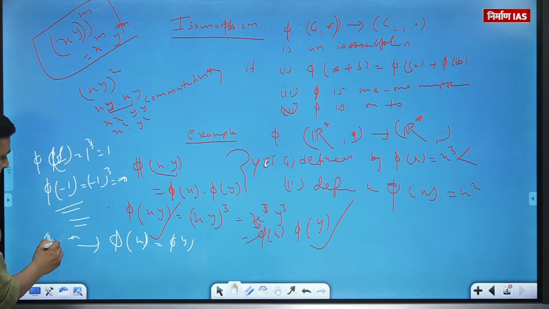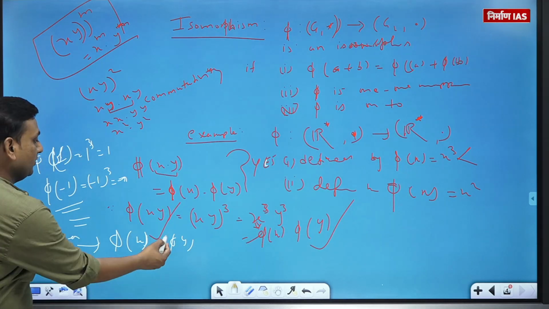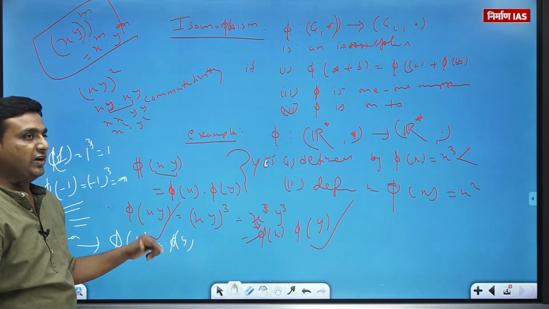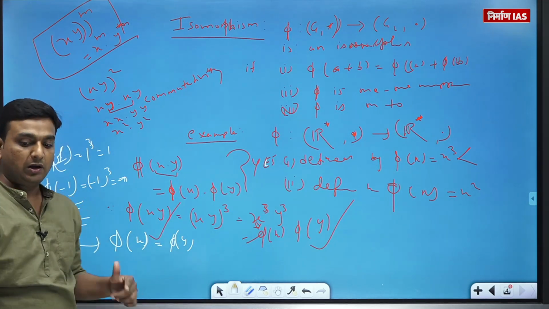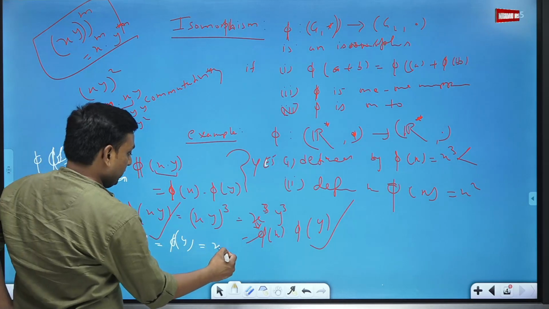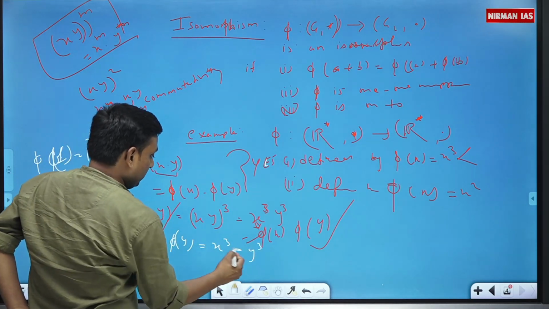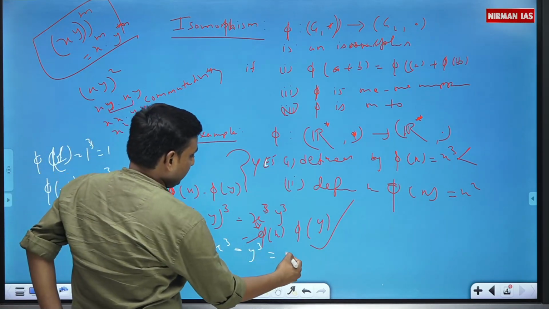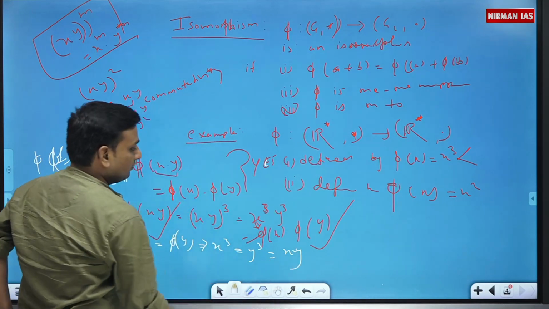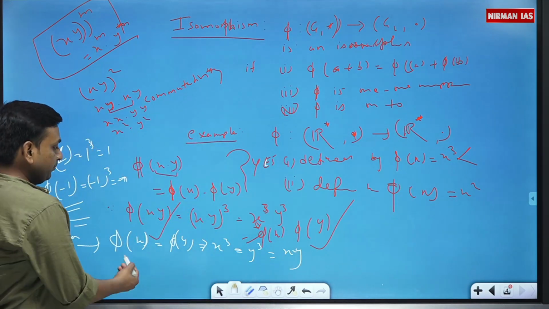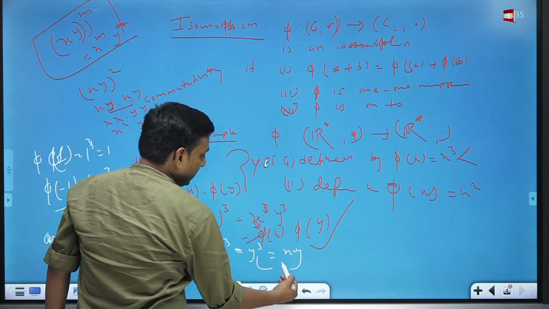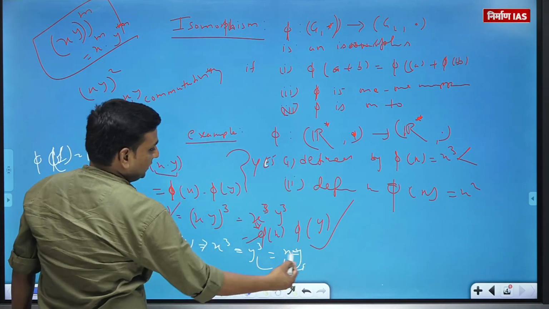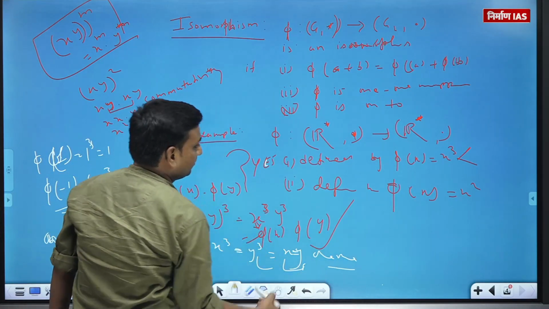You just take images of 2 elements and check whether those elements are equal or not. So if I put x cube equals y cube, it will be the same as x equals y. In that case, we say if images are same, then those elements are same. So it is 1-1.